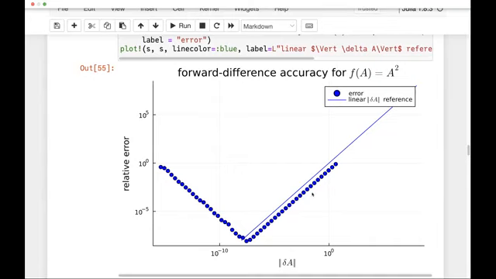Okay, so just stare at this for a second, and a bunch of things should jump out at you. Suppose we start out with a pretty big delta A, of order 1. Then as you expect, the finite difference is not going to be very accurate if delta A is big, and it's not. The error is like 100%.